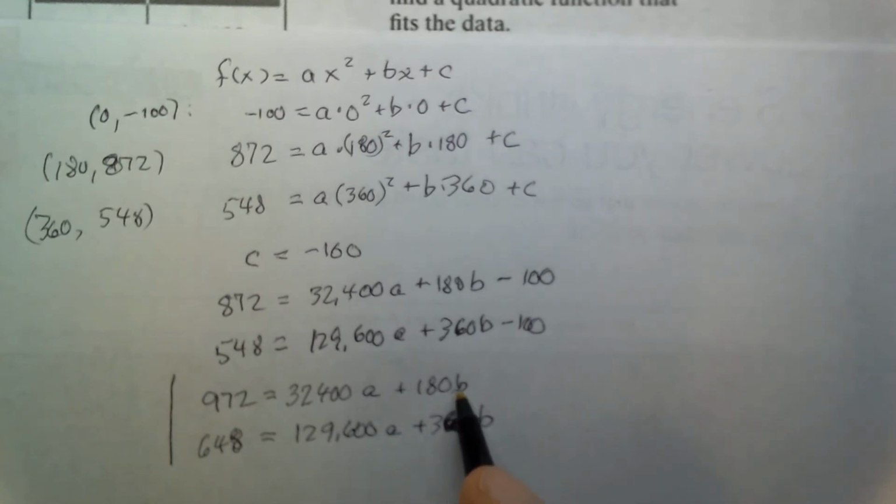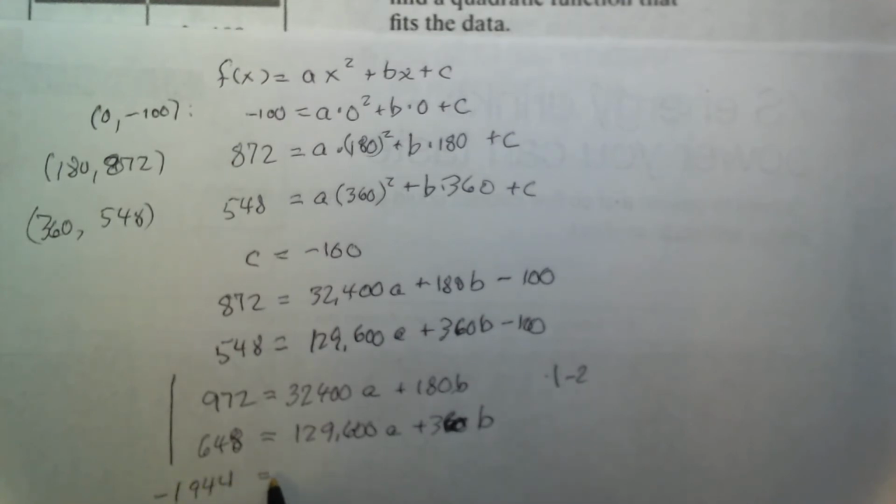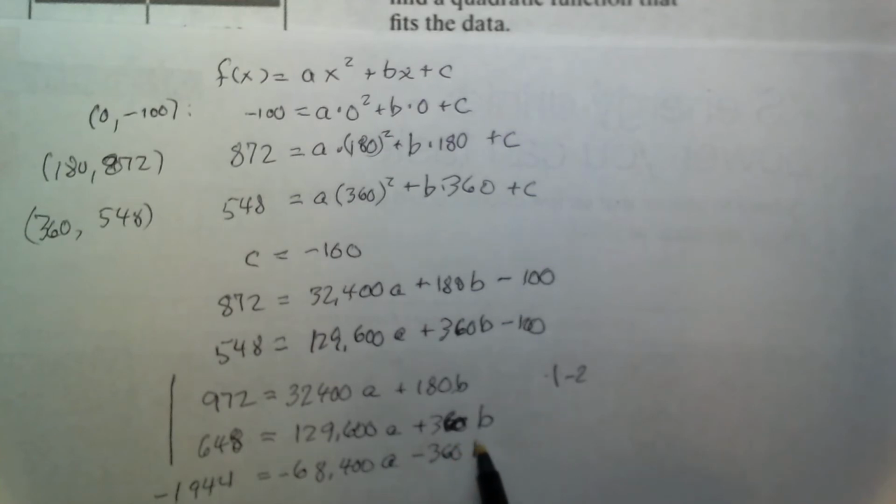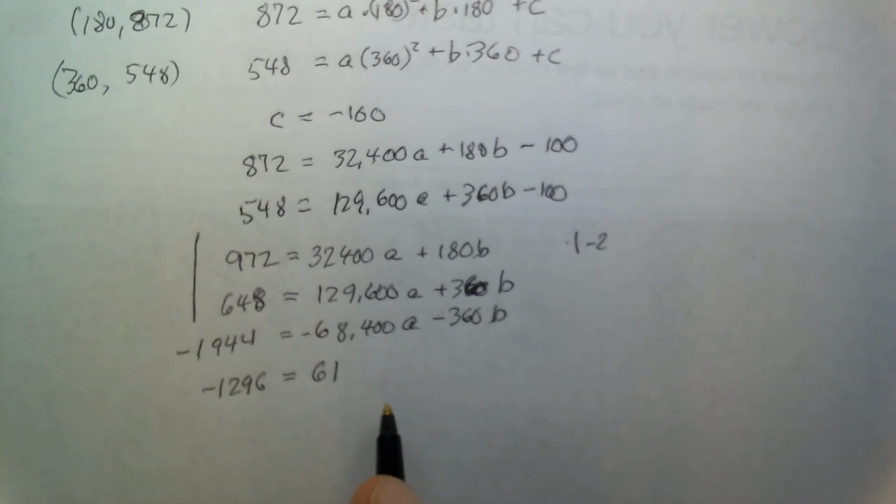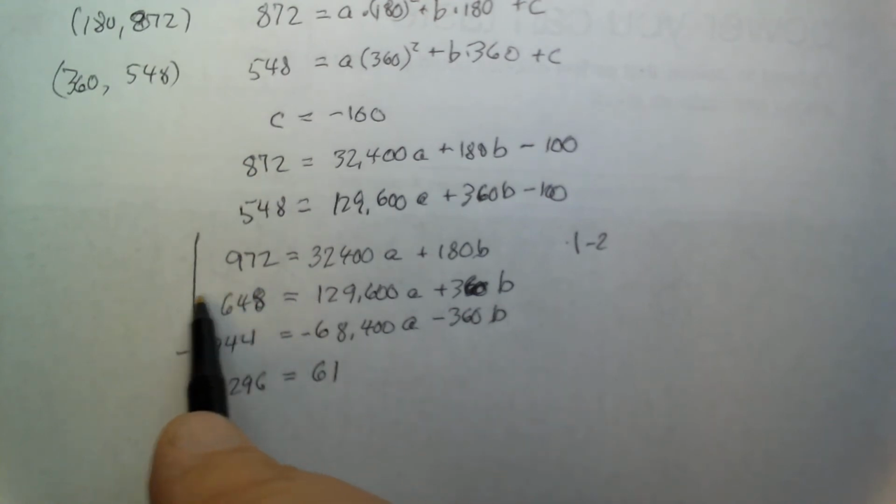We multiply the first equation by -2. So we get -1,944 on the left side, and then we get -64,800 A minus 360 B, and when we add these two equations, we get -1,296 equals 64,800 A. We add the last two equations here.